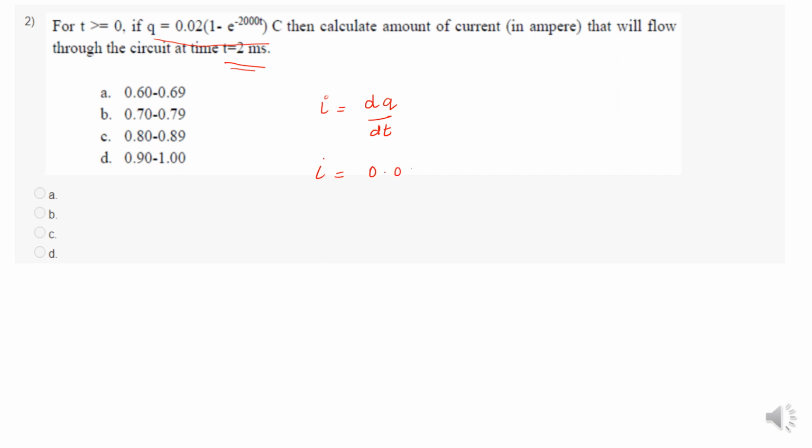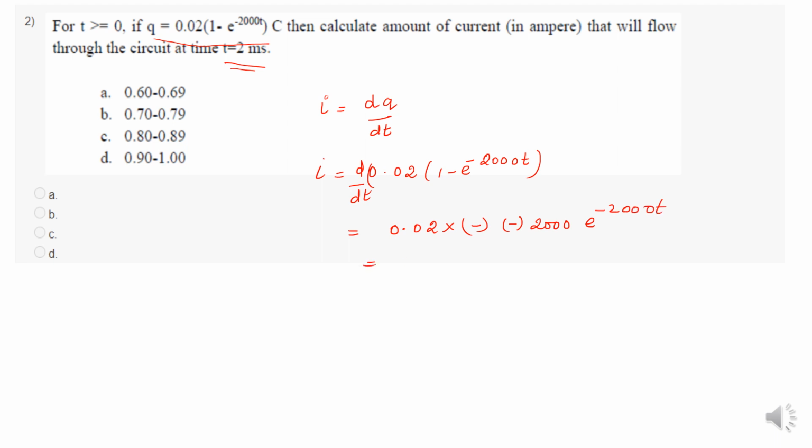So differentiation of 0.02 into 1 minus e power minus 2000 t. Okay, then I have to differentiate this. So 0.02, here 0, here minus of minus 2000 into e power minus 2000 t.